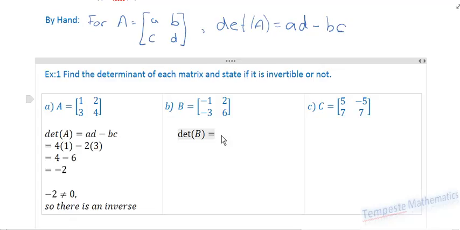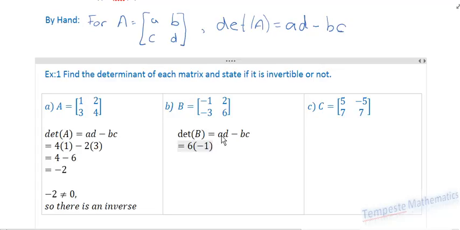Our next matrix up on the lineup is B, which is negative 1, 2, negative 3, 6. Again, our equation for determinant is AD minus BC, so that one diagonal minus the other of their products. This becomes AD, that's 6 times negative 1.